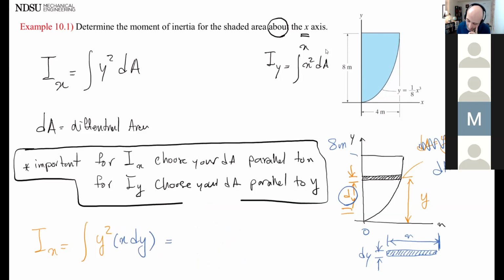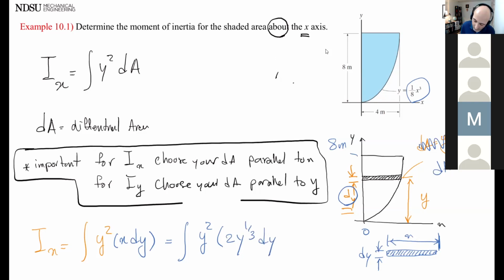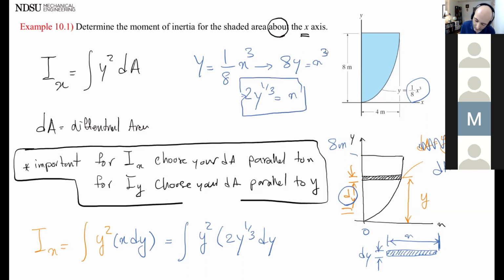So my x is given by: y equals 1/8 x³, so 8y equals x³, so x equals 2y^(1/3). So x dy is 2y^(1/3) dy.